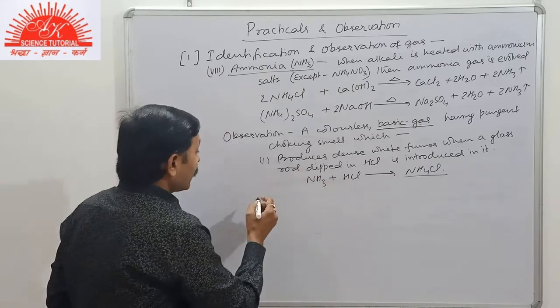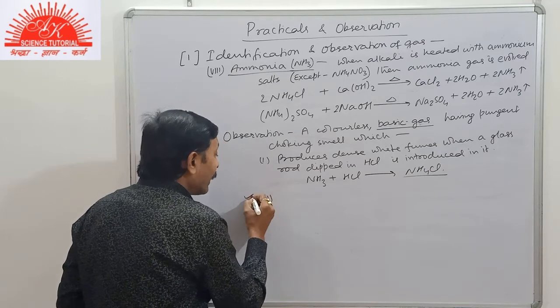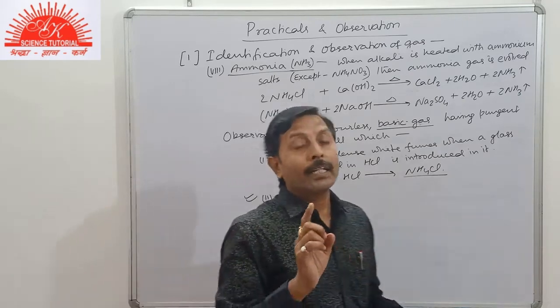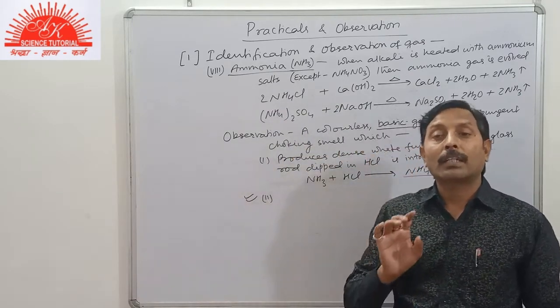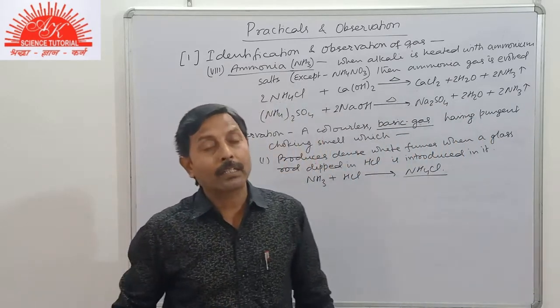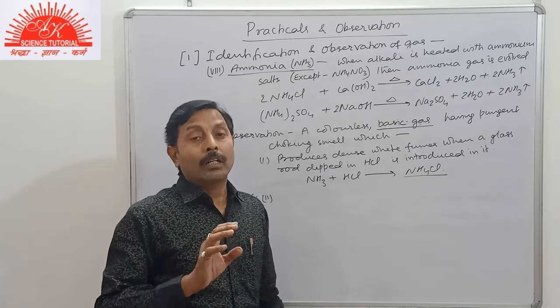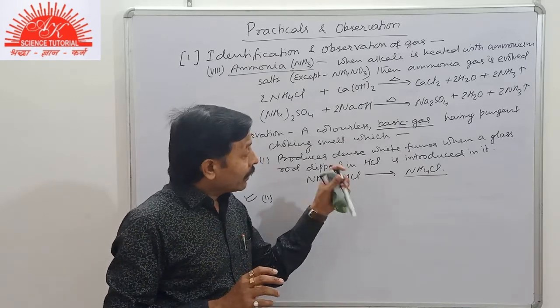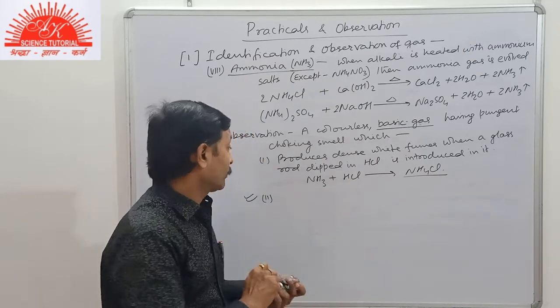And now the second test, which helps us for the test of ammonia gas or for the test of the ammonium NH4 plus ion radical, the positive radical in a salt without metal.